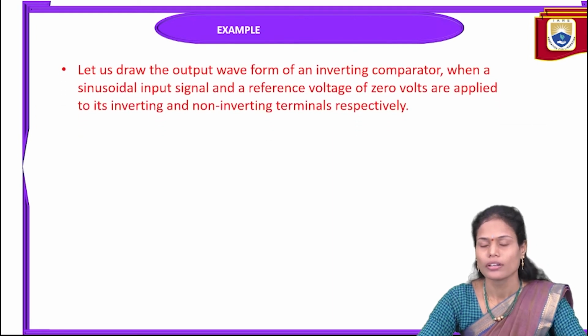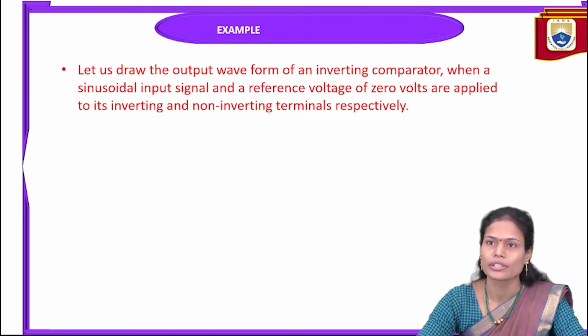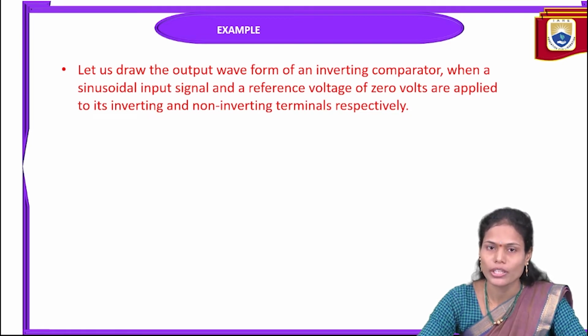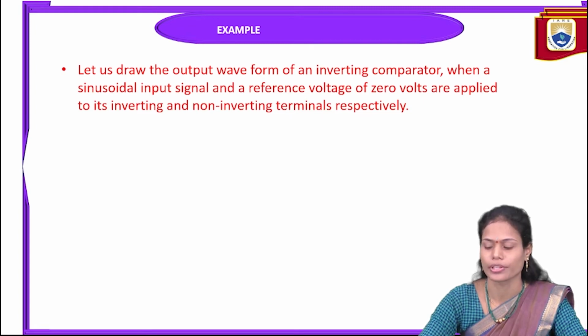We'll draw the waveform for the inverting comparator circuit when we apply a sinusoidal input signal to the inverting terminal of the operational amplifier, with the reference voltage connected to the non-inverting terminal, and here I am considering the reference voltage as 0.